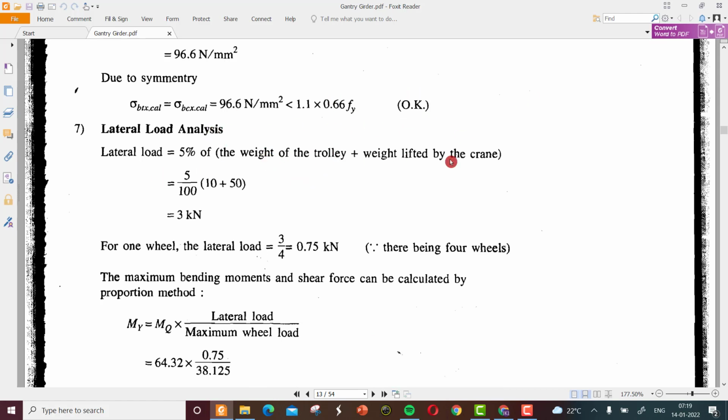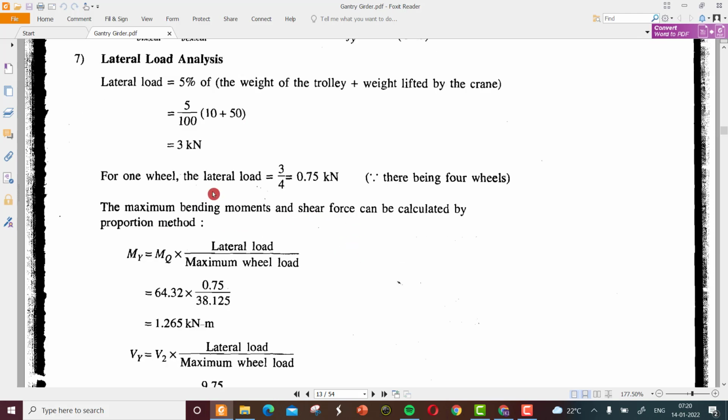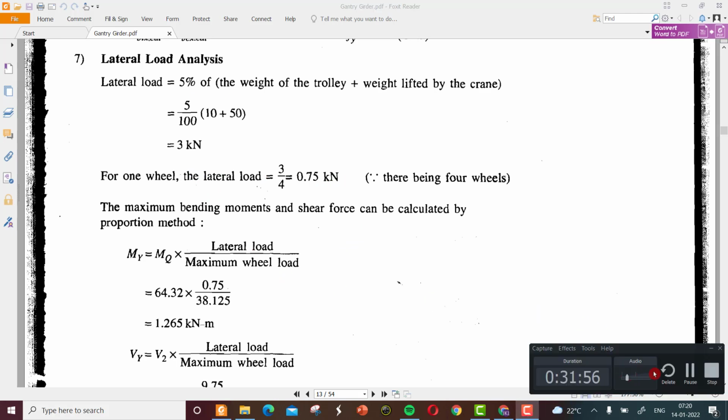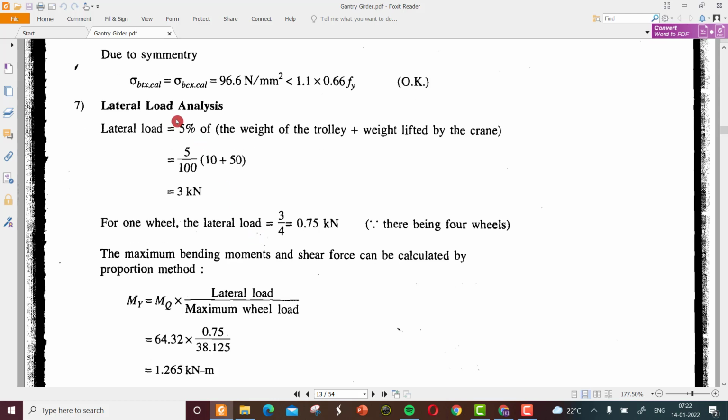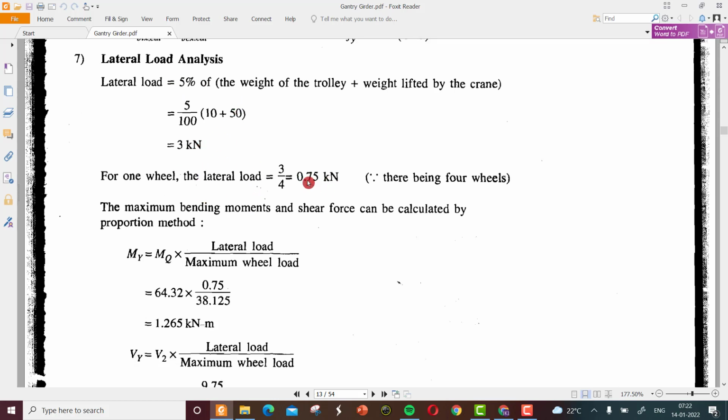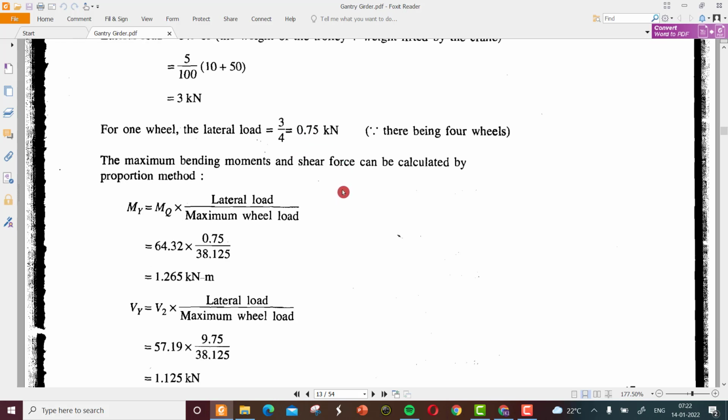Then we have seen in the previous table how to find the lateral load for the manually operated crane: 5%. So 5% of trolley weight plus weight lifted, 10 plus 50, gives 3 kilonewton. We can consider this as the total lateral load, and we have four wheels, so divided by 4 will give 0.75.